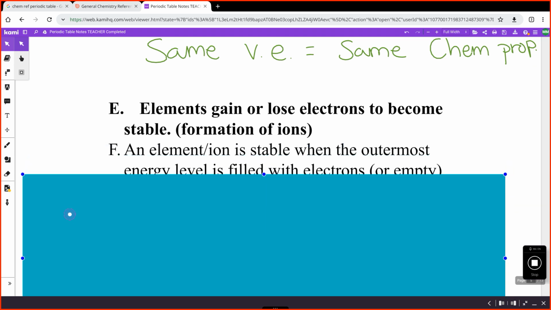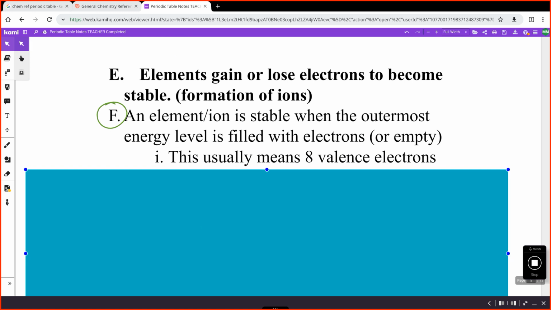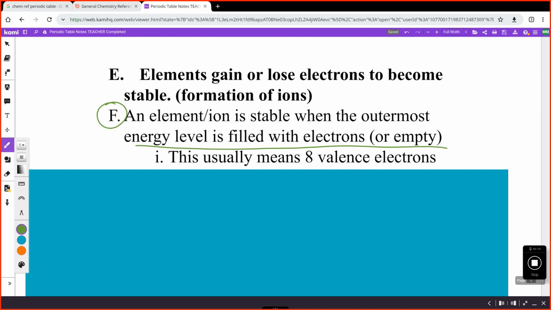Instead of being told what happens, we can kind of take a guess. An element is not stable, or most elements are not necessarily stable. They need to become ions. And in order to do so, they have to take their whole final energy level and fill or empty it, right? We want to fill or empty the last shell.